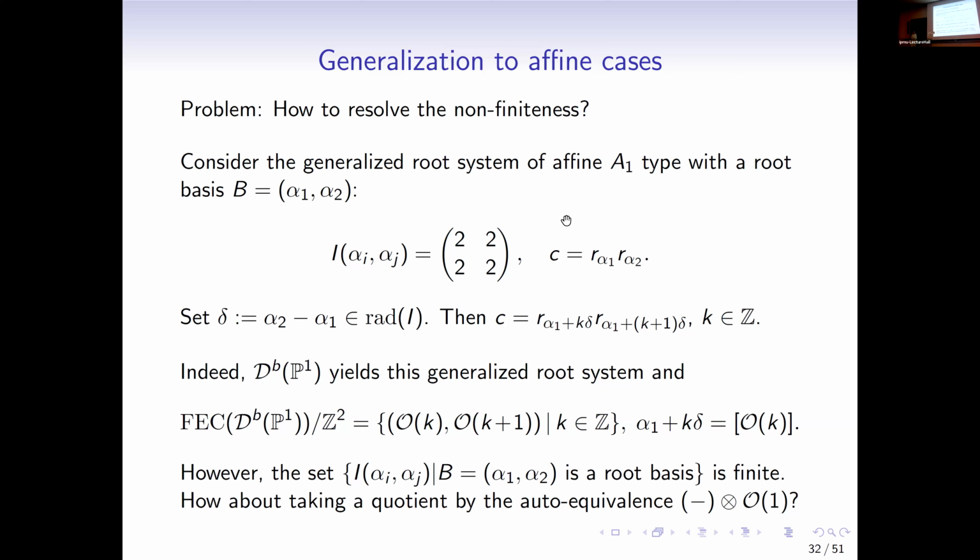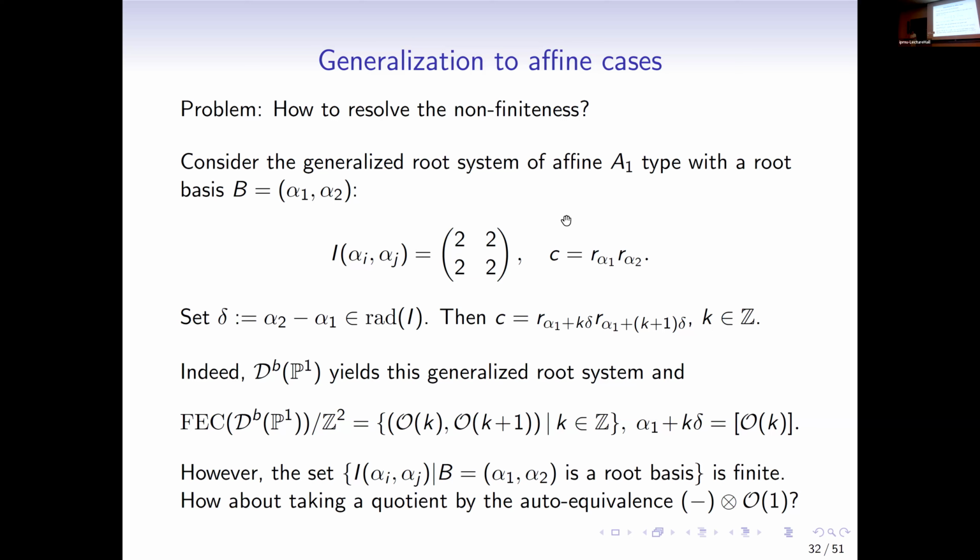So there are naively infinitely many factorizations of the Coxeter element in terms of reflections. If we consider reflection collections modulo translations, they can be identified with this set. Obviously, this is infinite, and it is related by this condition.